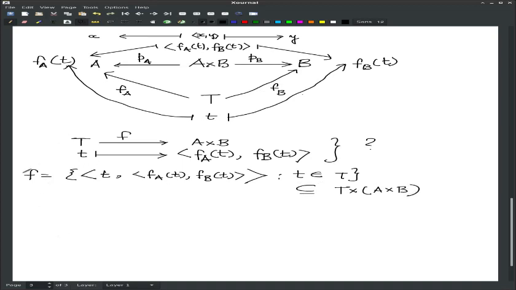Correct? Secondly, the way you have defined it for all t, right? That's also right, correct? Because you will take u to be FAt, FBt as you say. Alright? Clear?